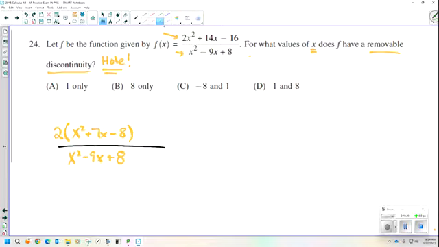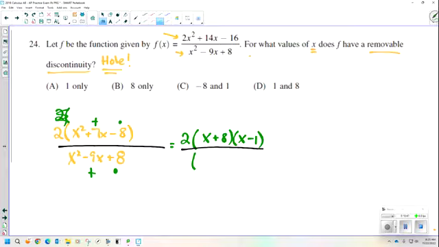I'll leave the 2 here. Now let's rewrite it. Two numbers that multiply to negative 8 that add to positive 7: it's x plus 8 and x minus 1. All over two numbers that multiply to positive 8 that add to negative 9: x minus 8 and x minus 1.